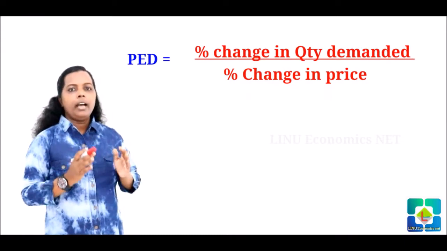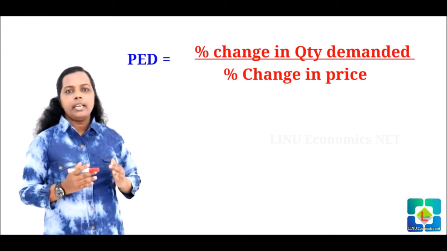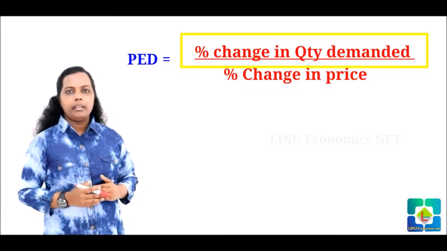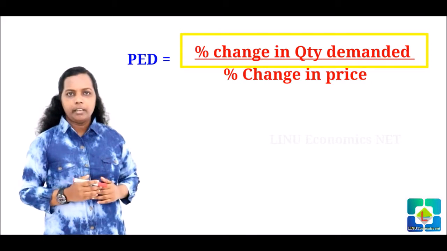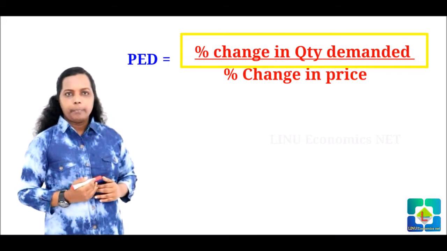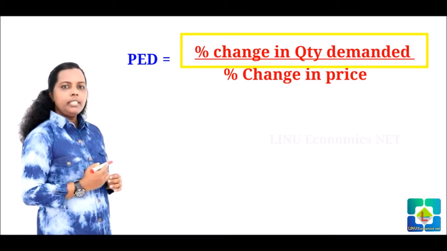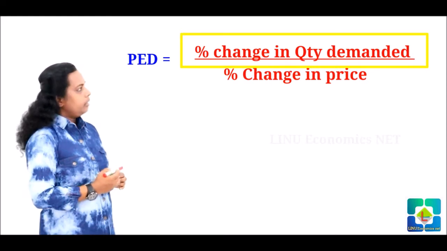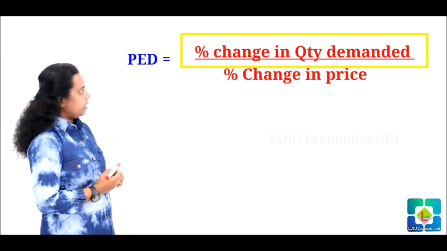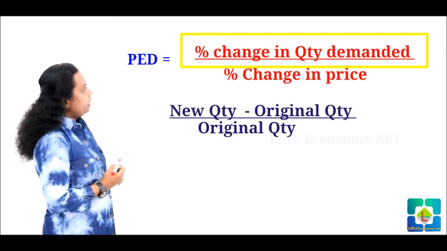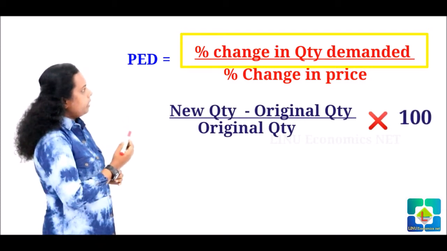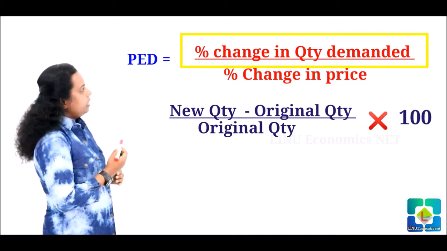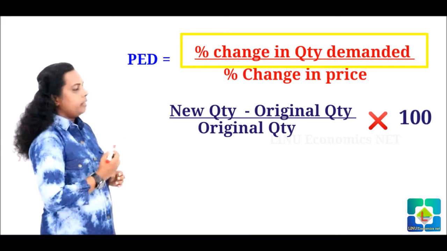First of all, we have to calculate percentage change in quantity demanded. How can we calculate it? There is an equation: the new quantity demanded minus original quantity demanded, divided by original quantity demanded, into 100.